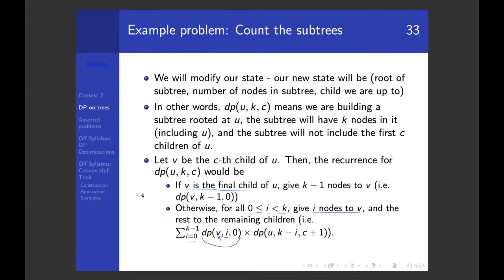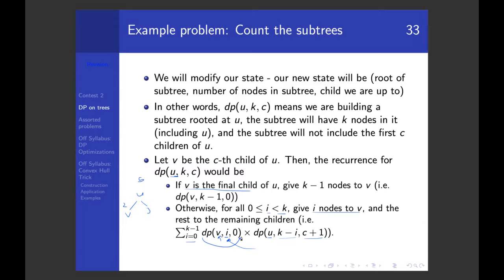So we have U here, V. For example, if we want to make a subtree of size 5, we can give 2 nodes to this one, and we give 3 nodes to the rest. This here, dp of U, same node, k minus i, because we've given i to this, so we only have k minus i left over. And c plus 1, because rest of the children. In other words, pass it along to the next child.